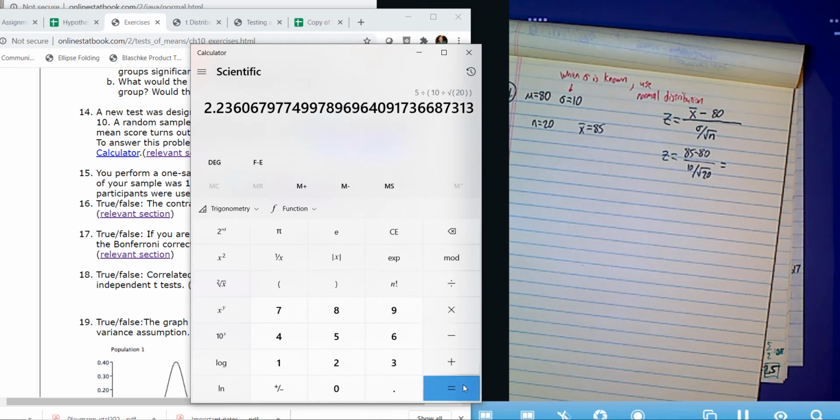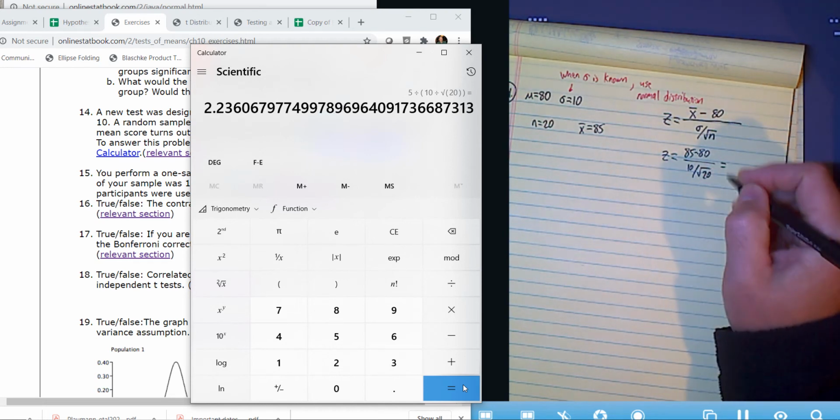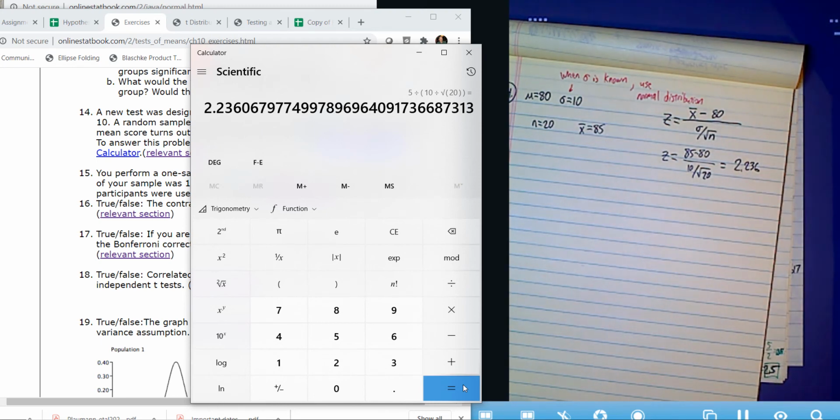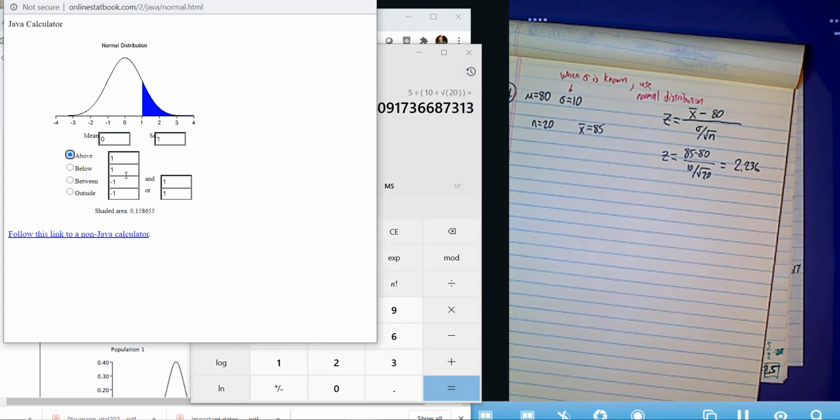And so when we do 5 divided by that, I get 2.236 for my z-score.